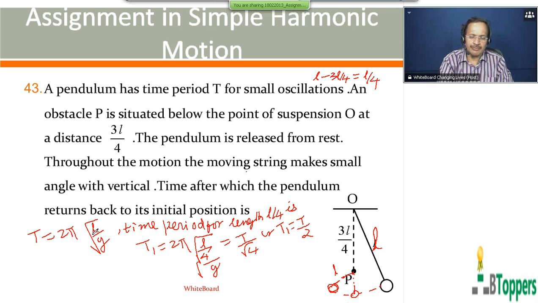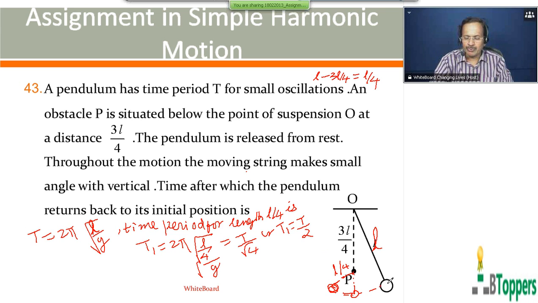So T is the time period of small oscillation of the simple pendulum for length l, and T1 is the time period of small oscillation for length l/4. Once the bob reaches the lowest position, only the lower part of the string below the obstacle will be able to swing or oscillate further.